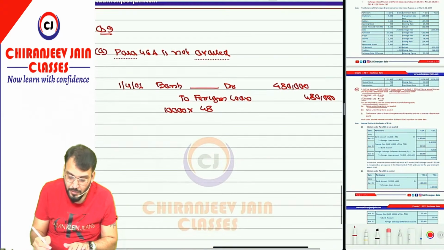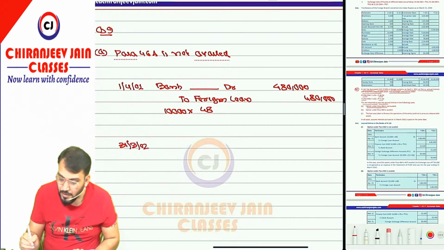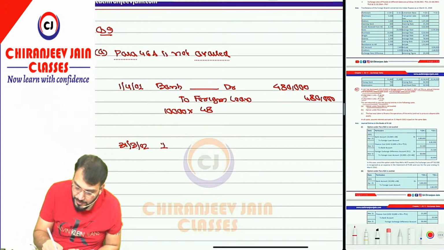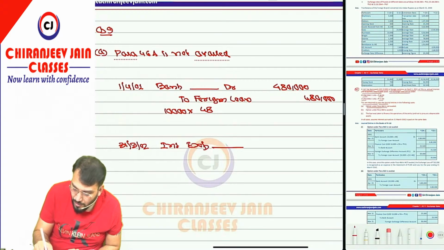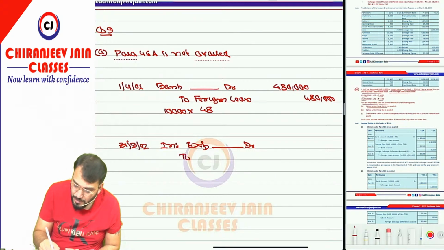Then on 31st March 2002, interest will be there, at the rate of 5%. So what journal entry will you do? Interest expense, or you can say finance expense, account debit, and let us assume it is paid. Nothing is given, so we'll assume it is paid to the bank.